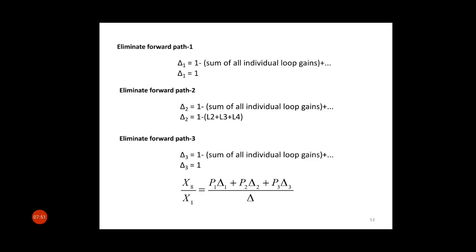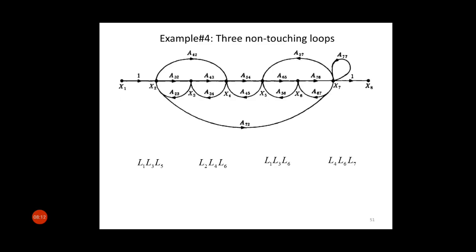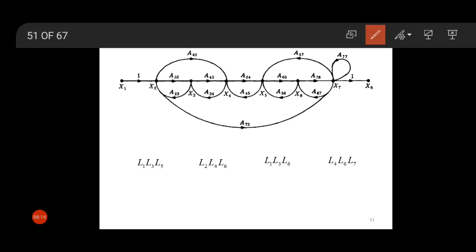Then we find del 1. Del 1 is 1 because the first forward path is touching all the loops. Next, del 2: the second forward path is this.